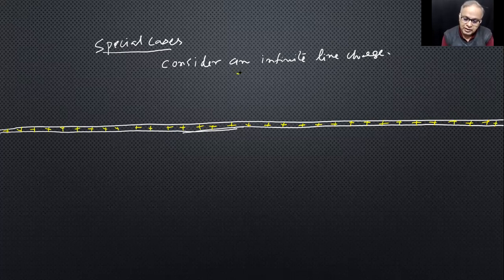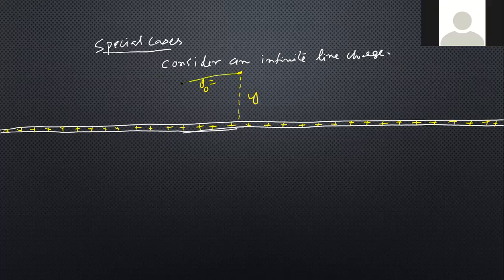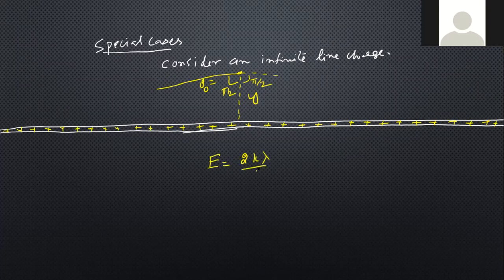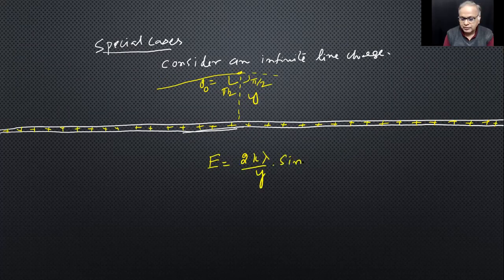So at a distance y here, what will be theta naught? I should go join it at infinity, right? 90. Yes, this will be pi by 2. Similarly, this side also is pi by 2. All right. So E will be 2k lambda by y sine 90. That is 2k lambda by y.